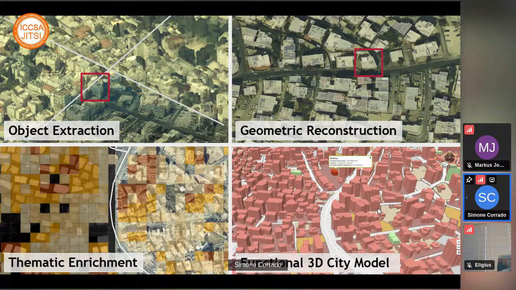And afterwards, we had our geometric part of the city. We enriched the thematics from, for instance, the household surveys from different sectors, as I mentioned, health or population or income or whatever you can think of, or the function as shown here.